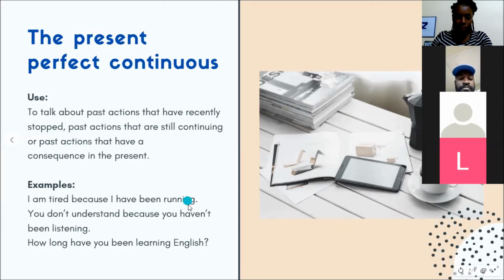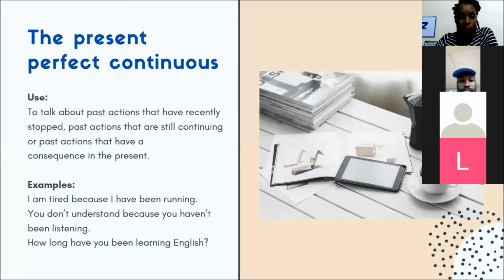So I was running, it happened in the past, but now it stopped recently, and the effect of it is that I am tired now. It's affecting the present. So something that happened in the past that is affecting the present. I am tired because I have been running. I am tired because I have been studying all night. I am tired because I've been playing video games.